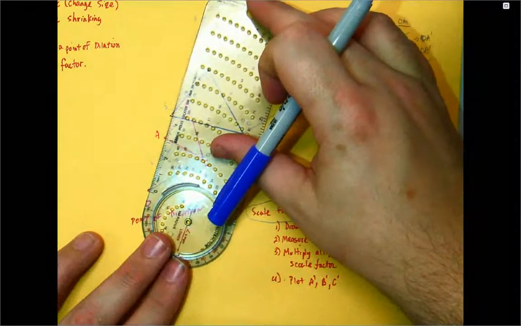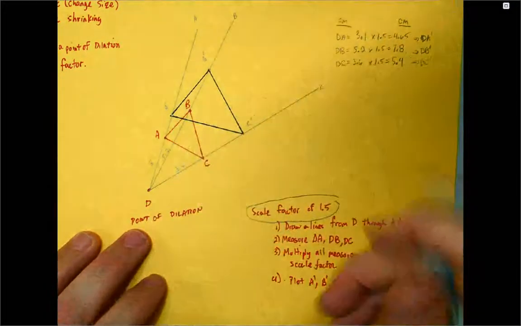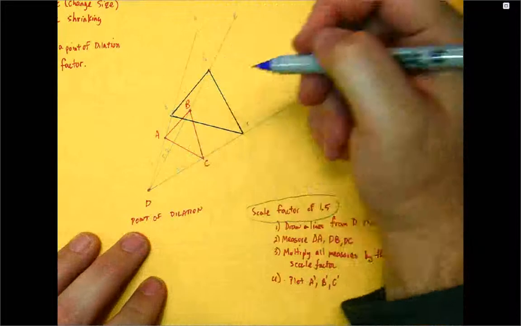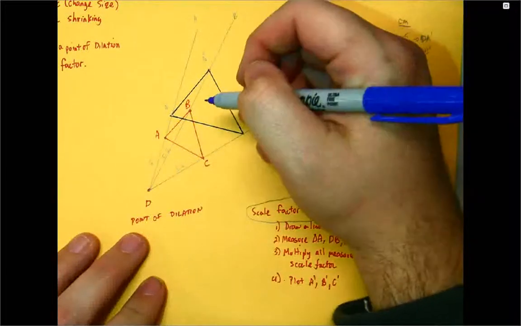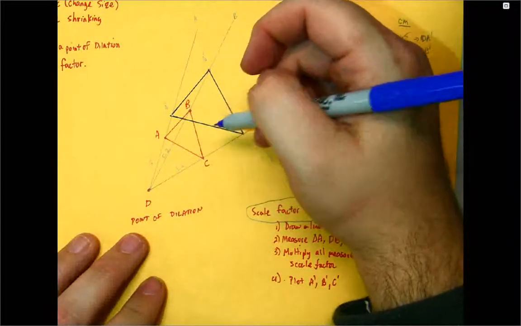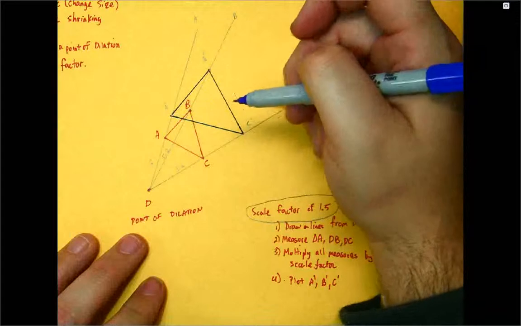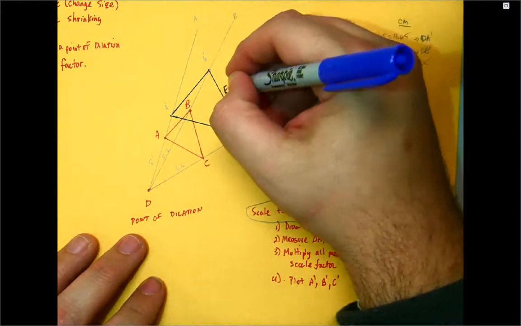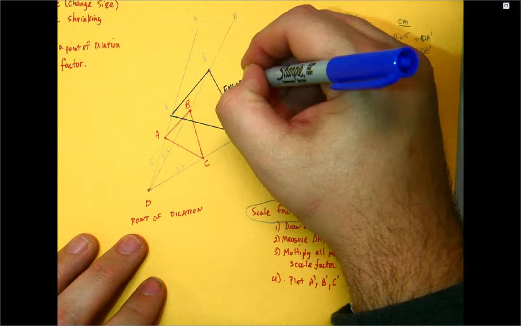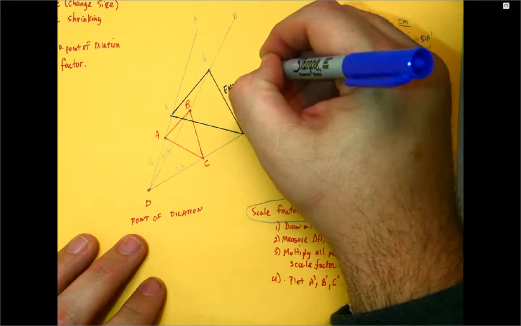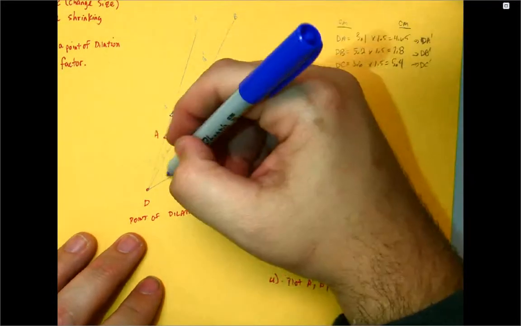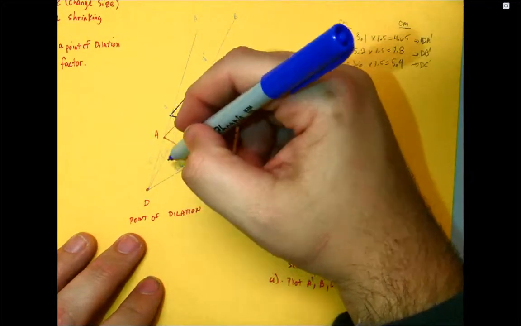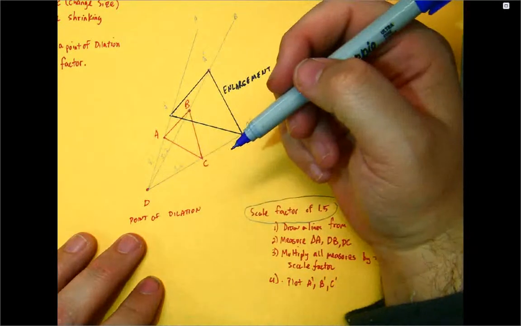And we get a new shape. Kind of came out a little bit weird. It should look almost exactly like this. I'm not sure exactly what happened with that. But this is what we call an enlargement. If we would have ended up here, it would have been what we call a reduction.